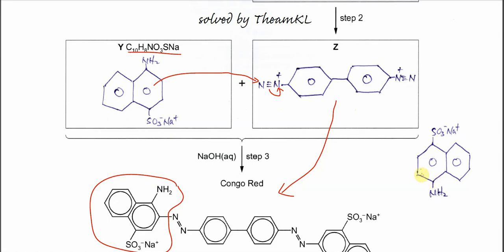This is position 1, 2, the second position, right? One pair of electrons from the benzene ring will move to this nitrogen and form a new CN bond, and the pi bond breaks. This is similar to the electrophilic substitution that you learned. After Y reacts with Z, this hydrogen gets substituted, and the same for this hydrogen.